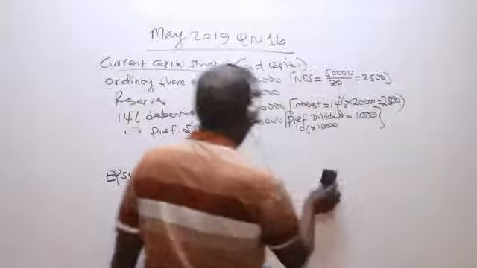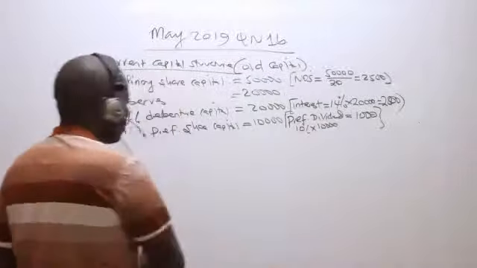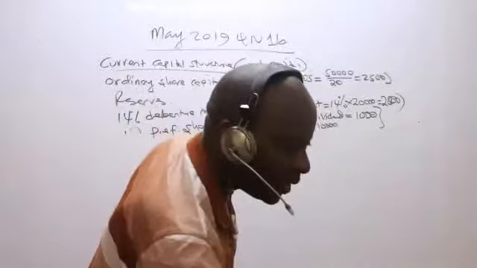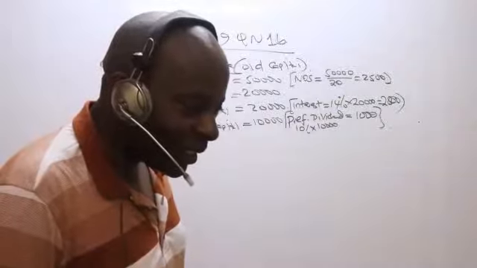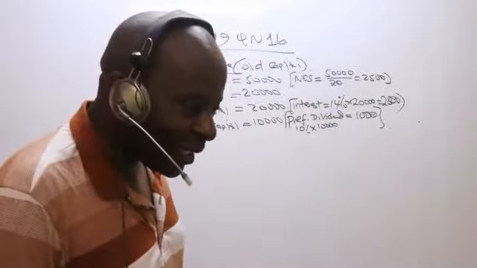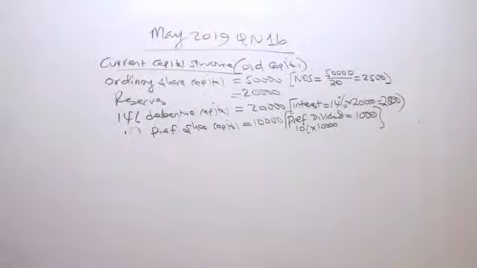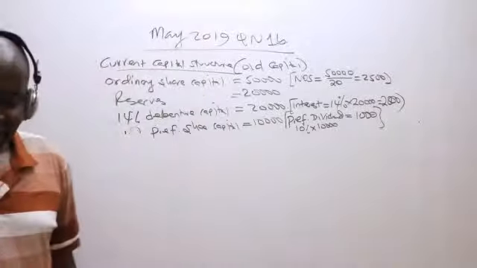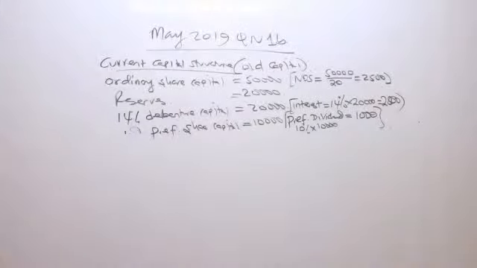Option number 2 is very interesting. So now you have to be keen with this. Walter is saying the board is blood. The board is blood. Let me check out.